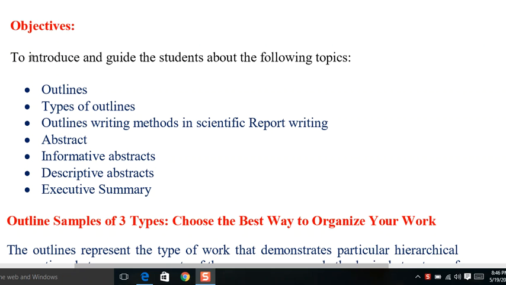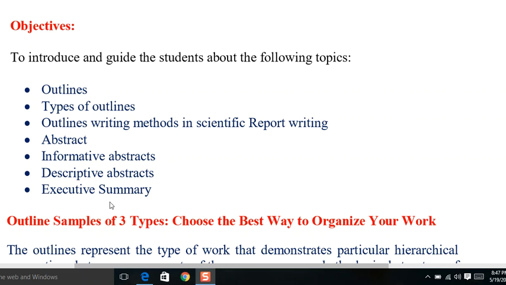The objectives are to introduce, guide and train the students about the following concepts: outlines, types of outlines, outline writing methods for scientific report, abstracts, informative abstracts, descriptive abstracts, and the executive summary.